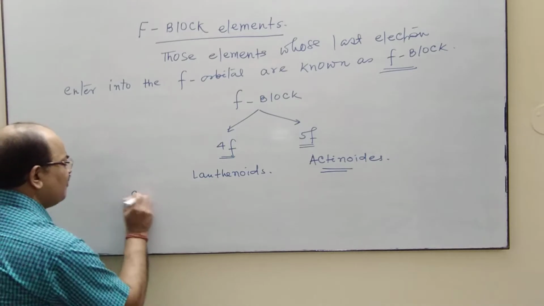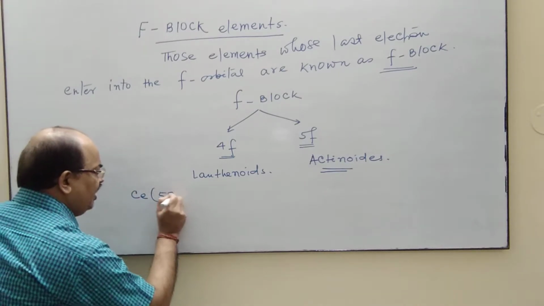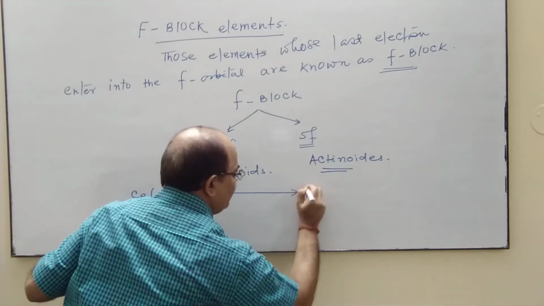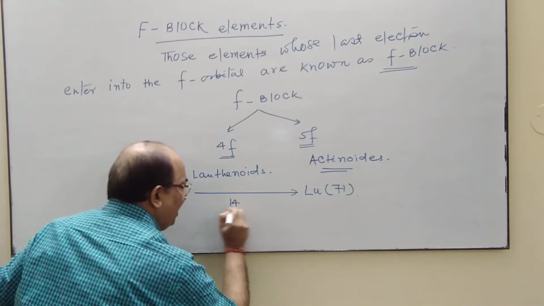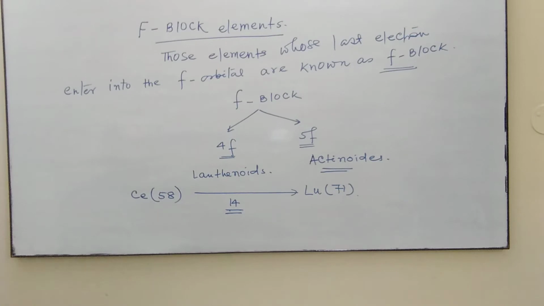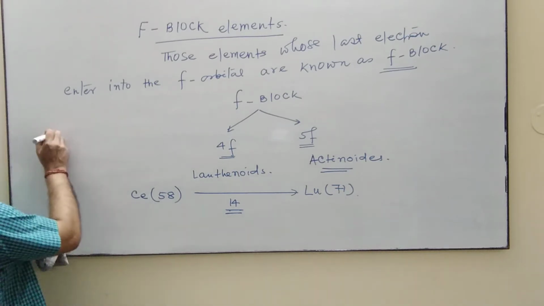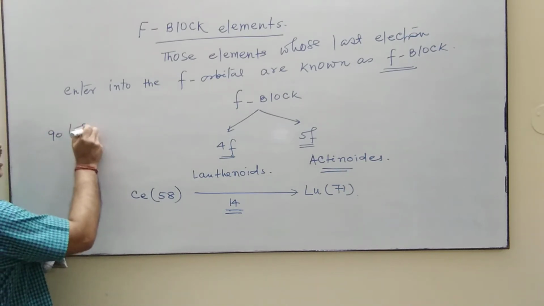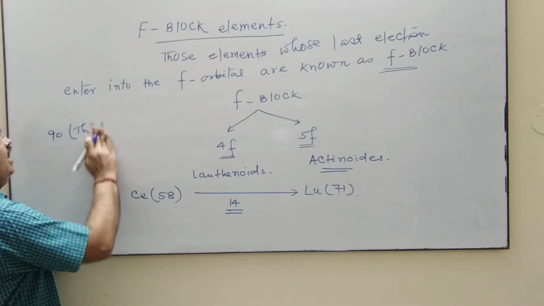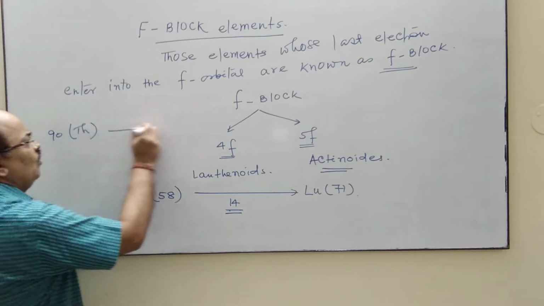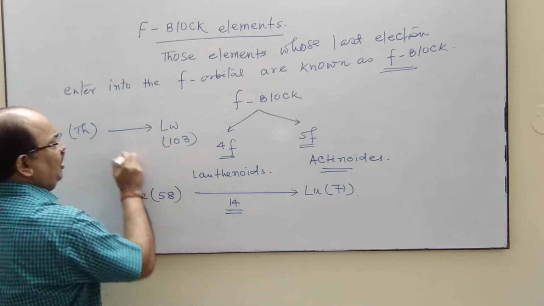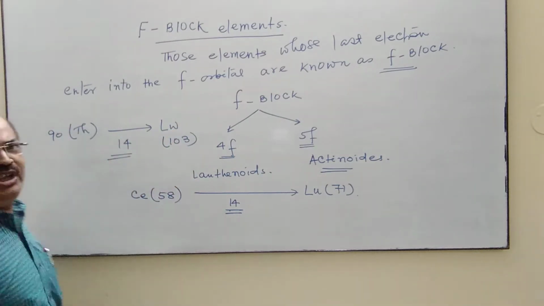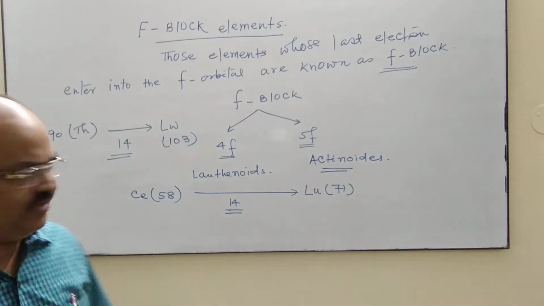The elements from cerium 58 to lutetium 71, these 14 are your lanthanoids, while the elements from thorium 90 to lawrencium 103, again they are 14, are actinoids.